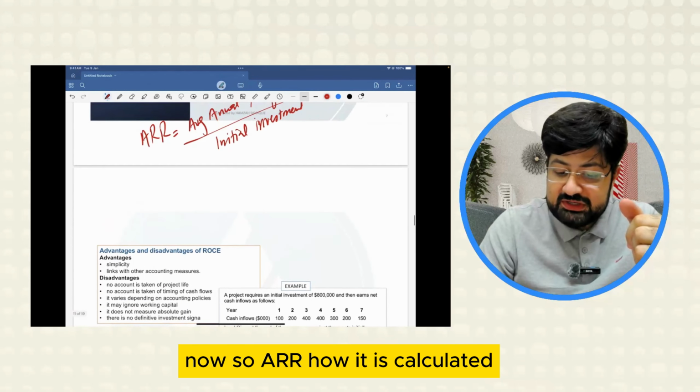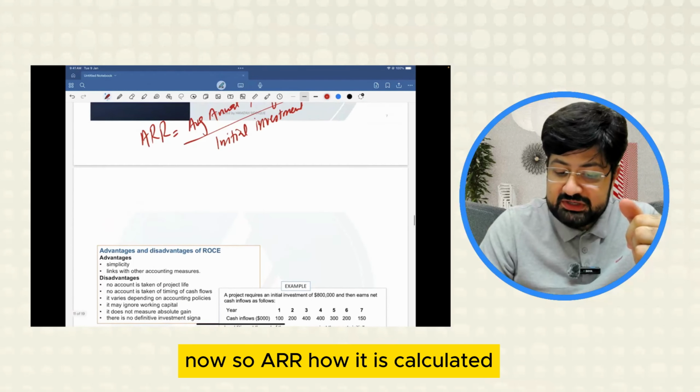Now we need profit. So profit, as per this formula, we will get 1750 minus 700. That is equal to 1050, the total profits of the 7 years.